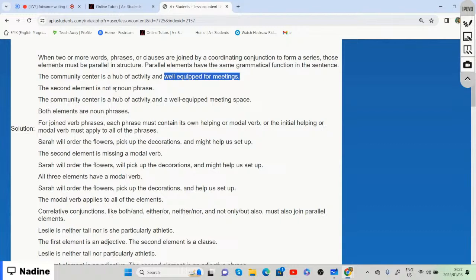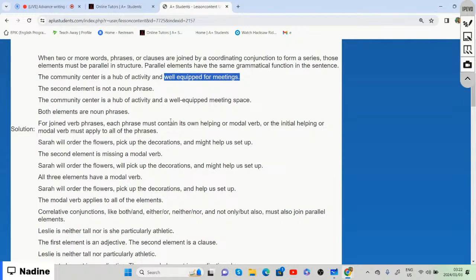But to show that both of these phrases are noun phrases, we can add something to it. Now we can say the community center is a hub of activity and well equipped meeting space. So we added the word space, and now both of these elements are noun phrases. And we do the same with the rest.